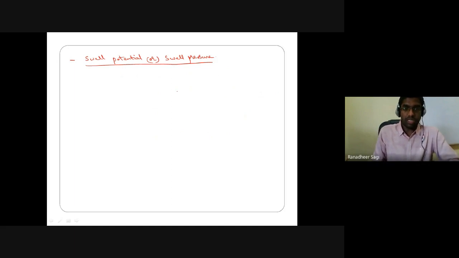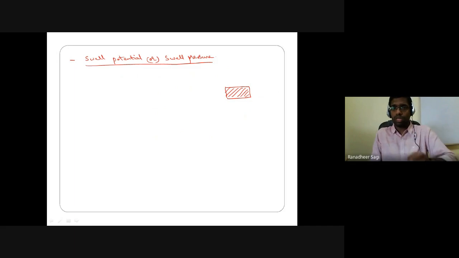So what we try to do here is, once again, recall our fundamentals of the consolidation test. I am taking an undisturbed soil sample collected from the field, which has some in situ density and water content. This soil sample is placed in what is called your odometer ring.